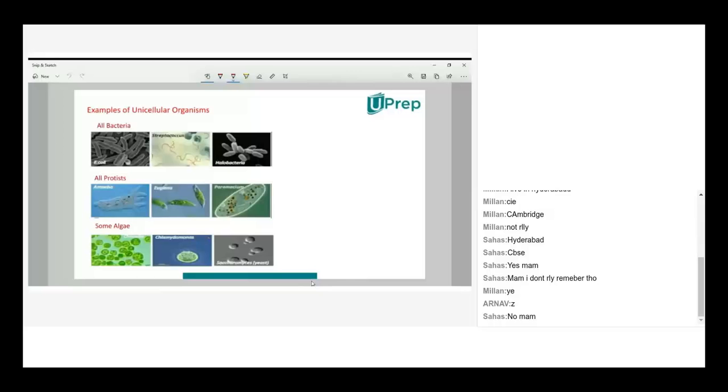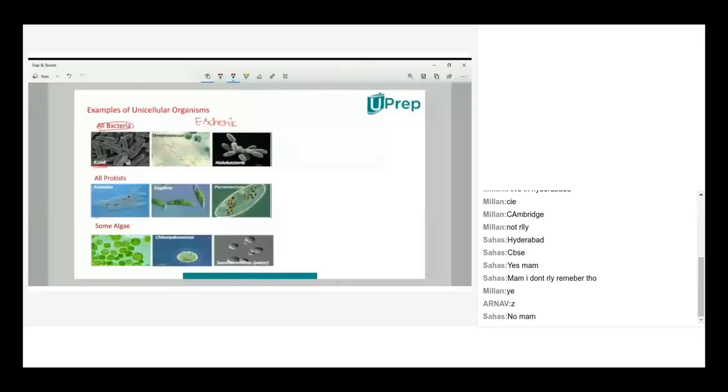Here it comes. Different names of unicellular organisms. I'm talking about only unicellular organisms. Some more examples I'll give beside the slide. Now, when you take unicellular organisms, here all bacteria. So I gave some examples. E. coli, Escherichia coli.